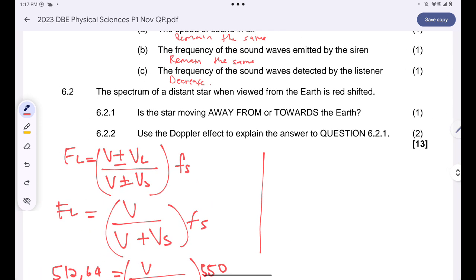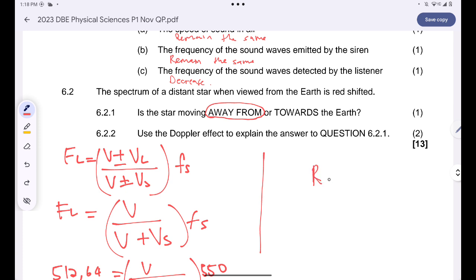Okay, and then we are told that the spectrum of a distant star when viewed from the Earth is redshifted. 6.2.1: is the star moving away from or towards the Earth? It's moving away. Why am I saying that? Because they said the star is being redshifted, right? So it simply means that the star is on the far end of the red spectral line of the spectrum.